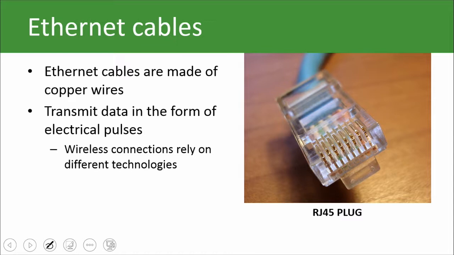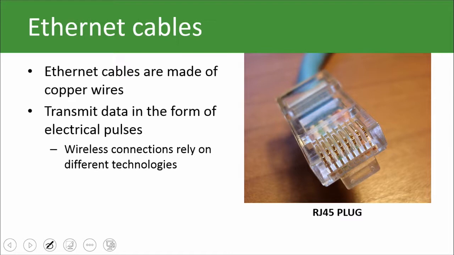Ethernet cables are made of copper wires. They transmit data in the form of electrical pulses. Wireless communications rely on an entirely different technology, radio signals. So keep in mind that copper cables transmit data in the form of electrical pulses.